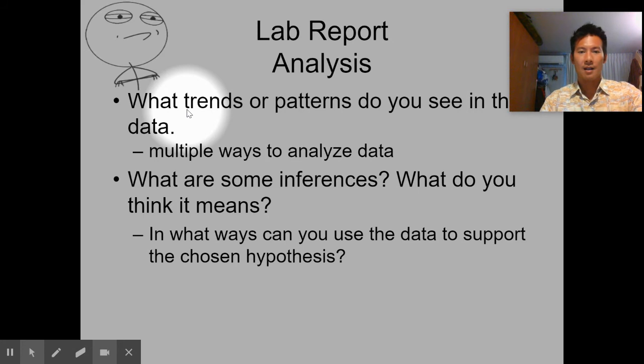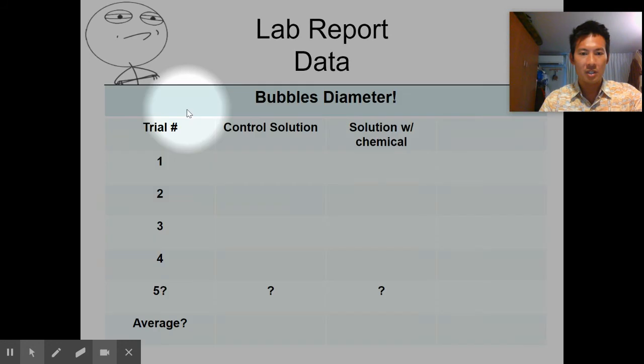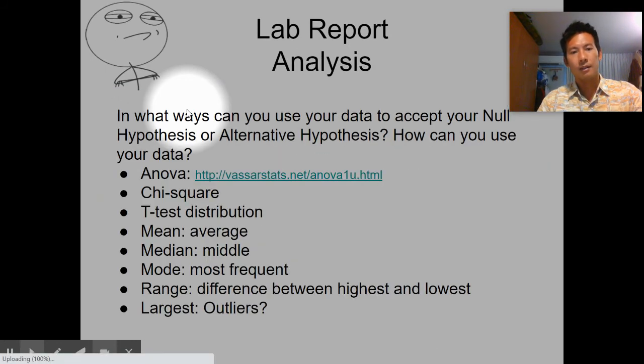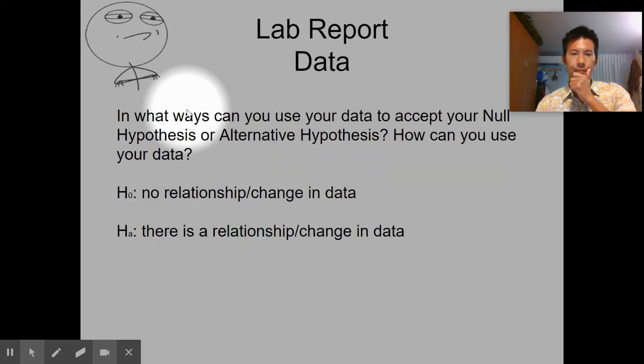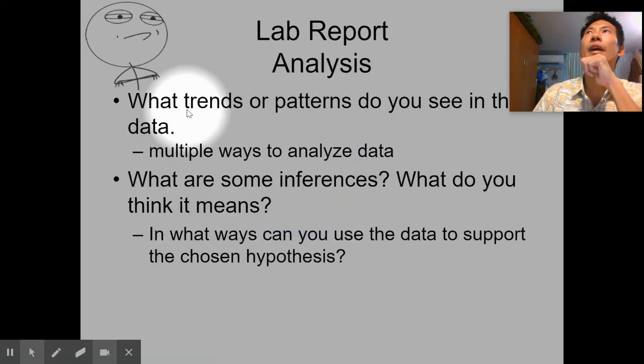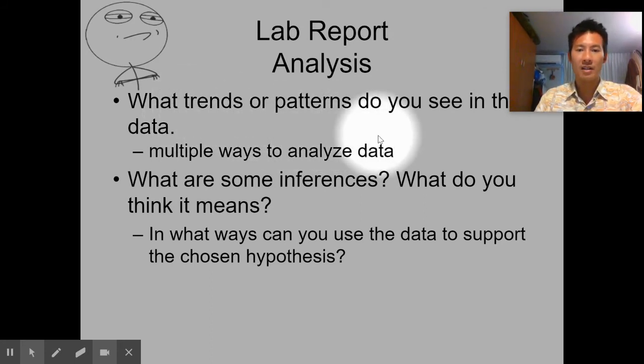You write down what trends you see. For example, if the bubbles using the sucrose were larger consistently, or if the bubbles using the sodium chloride were smaller, whatever the case. So this is basically your data section emphasized and put into a paragraph. That's your analysis section.